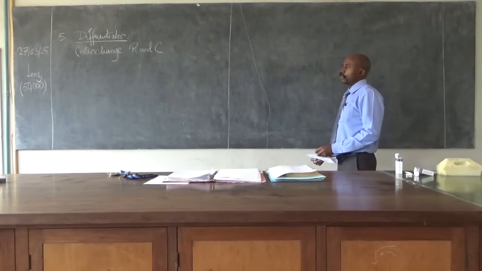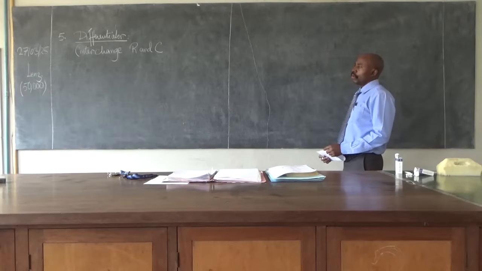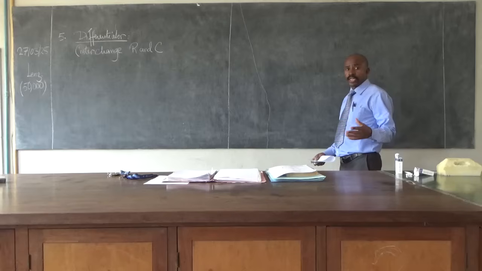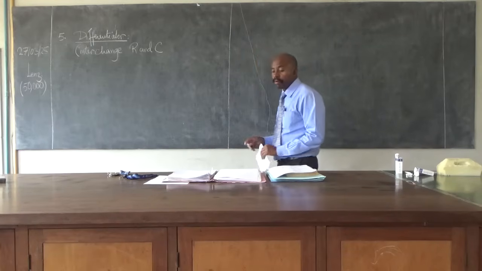The problem is that when you go to Google or any other search engine, you get a lot of results. The challenge is looking for the right source of whatever you are looking for.